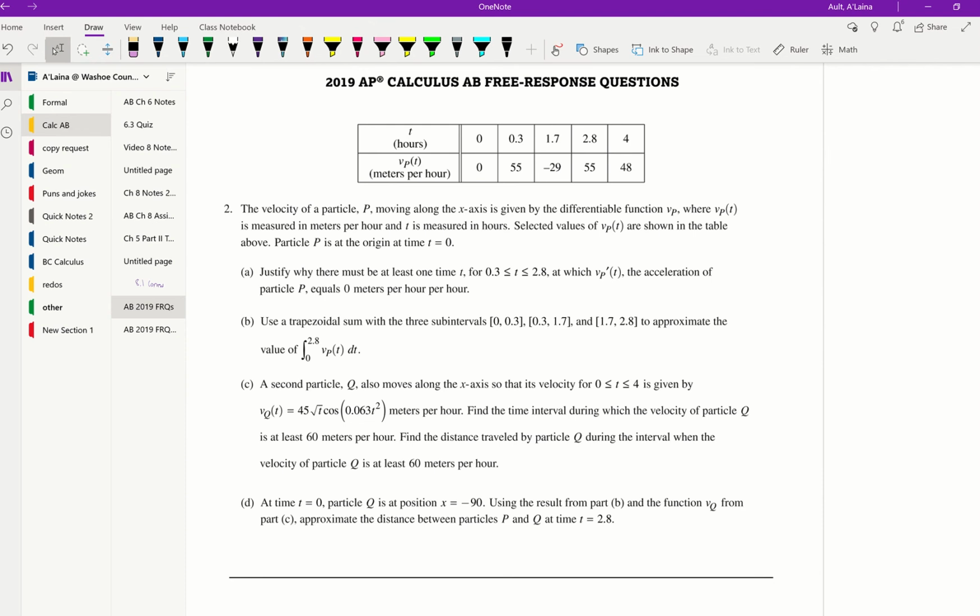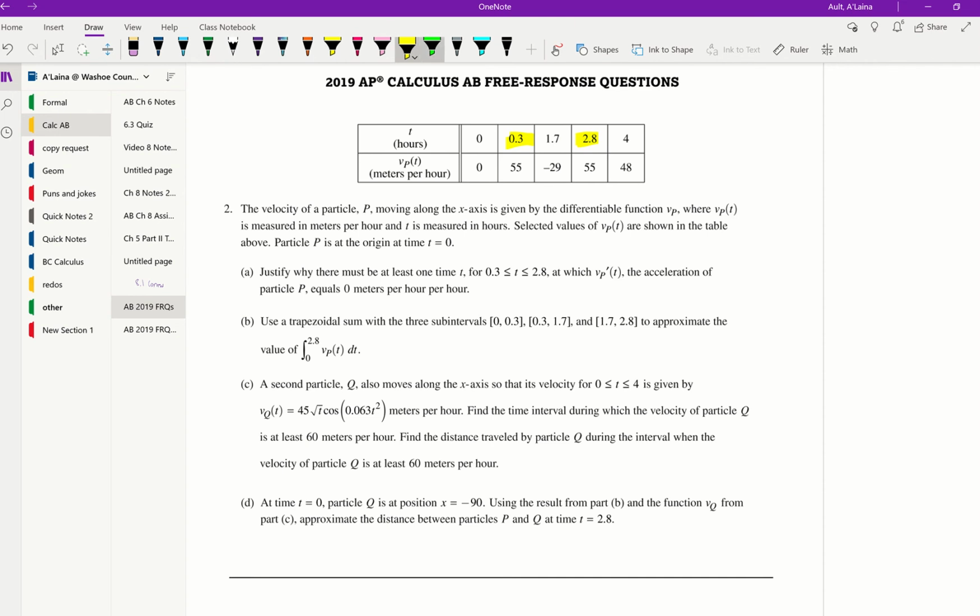Selected values of that velocity of p are shown in the table, and we know the particle p is at the origin at time 0. Part A, justify why there must be at least one time on the closed interval from 0.3 to 2.8, right here to here, at which v prime of t, which is acceleration of p, equals 0 meters per hour, or meters per hour squared, if you'd rather.